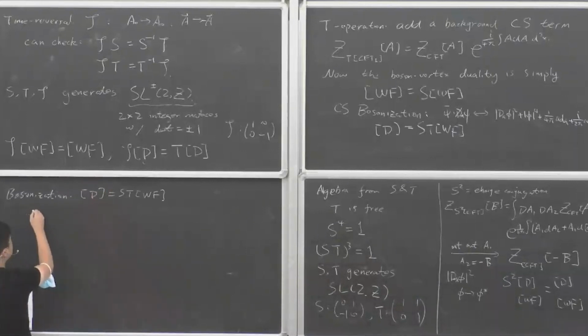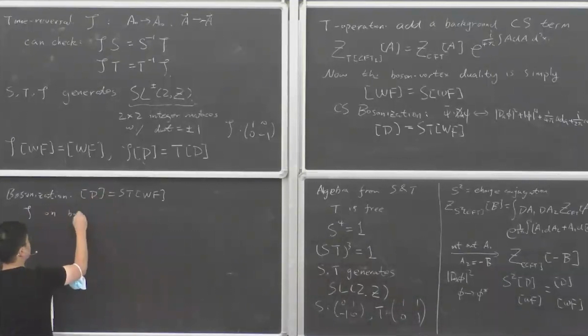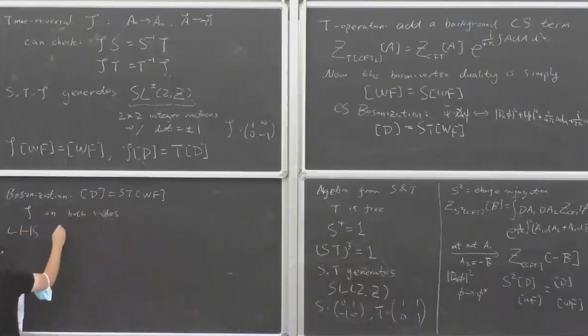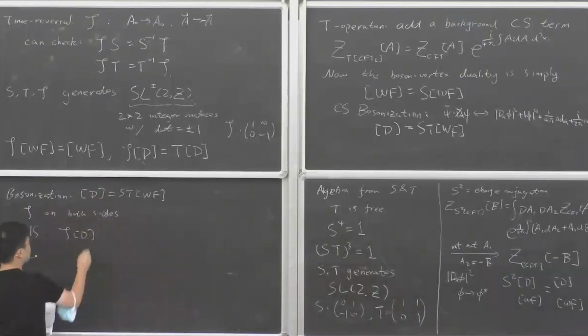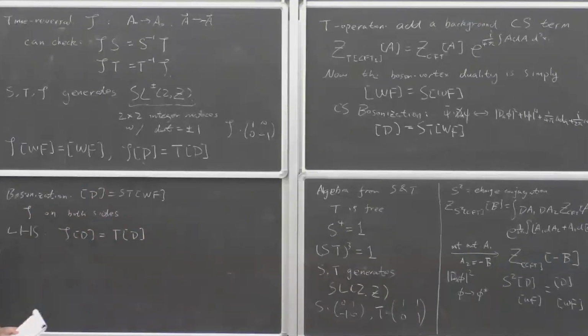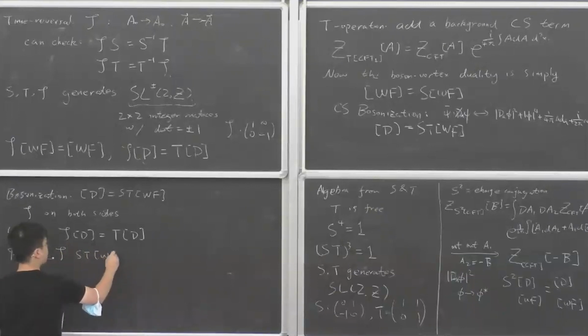So under time reversal, let's just implement time reversal on both sides. On the left-hand side, time reversal acting on D, as we just mentioned, is just the T. On the right-hand side, time reversal acting on this S and T, well, we can commute it all the way in.